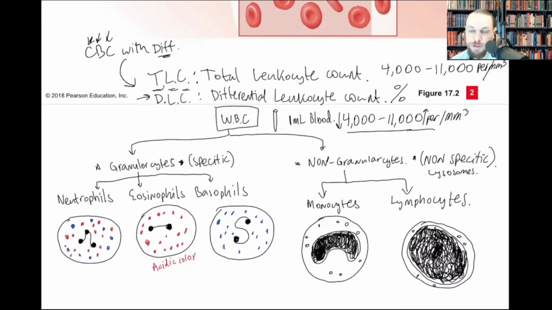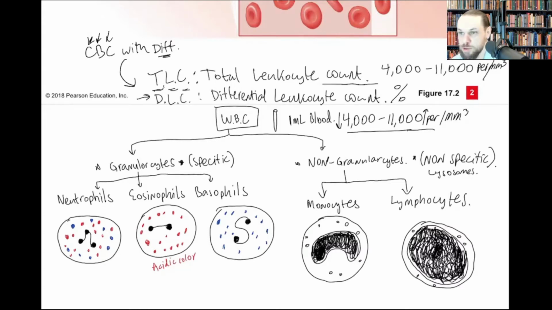Chronic infection, acute infection, or viral infection, they want this number, they want to see which cells are increasing so they can essentially establish appropriate diagnosis. So total leukocyte count, we said this, the total number of white blood cells, but differential leukocyte count is going to look at specific percentages of all these, and we're going to talk about that.